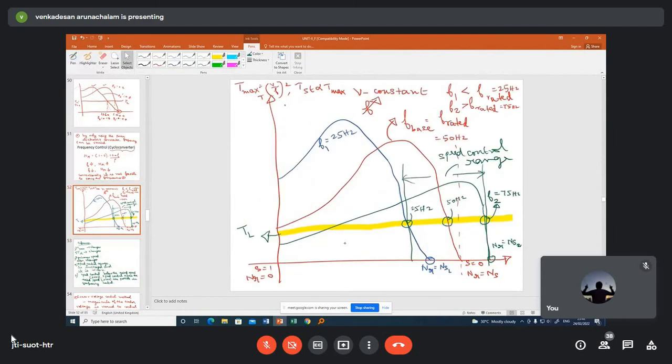You see here? So this is below the rated speed control. This is above the rated speed control.